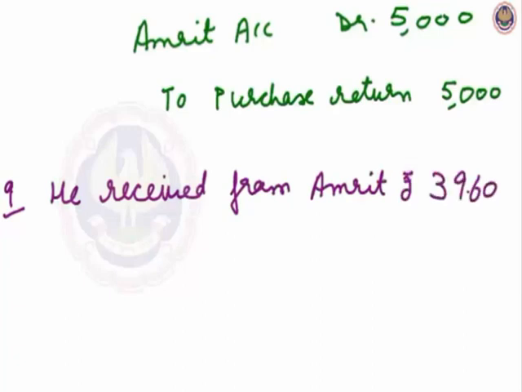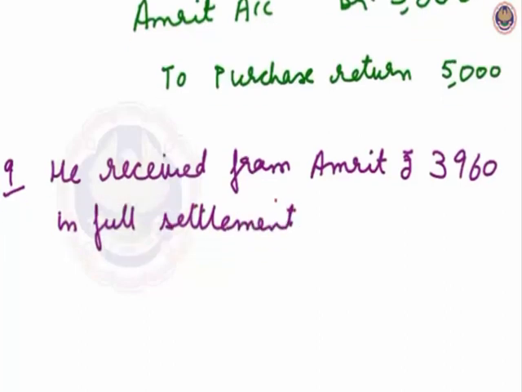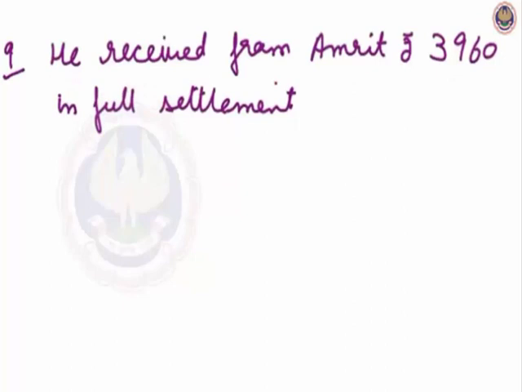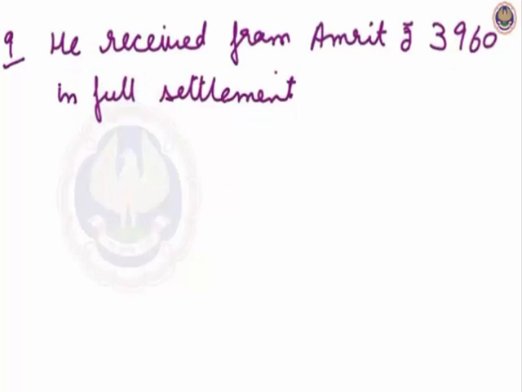Rupees 3960 in full settlement. We know that we sold the goods to Amrit for rupees 4000, which was the 6th transaction, and we are receiving rupees 3960. So it is a discount of rupees 40.